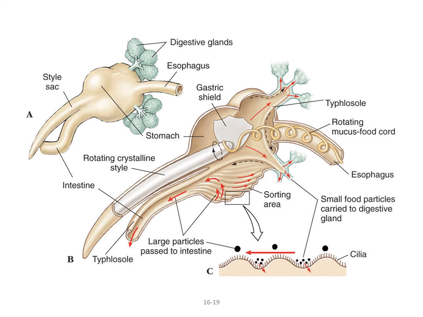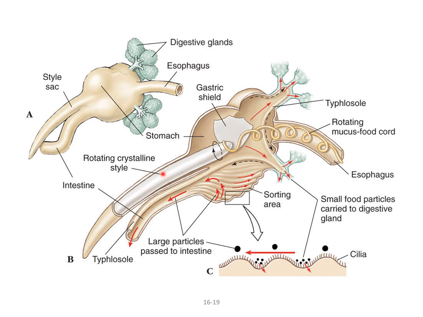So this slide looks at some of the details involved with the esophagus, the stomach, the style sac, and the intestine. So this is the inside of the stomach, and this is the style sac with cilia lining it.